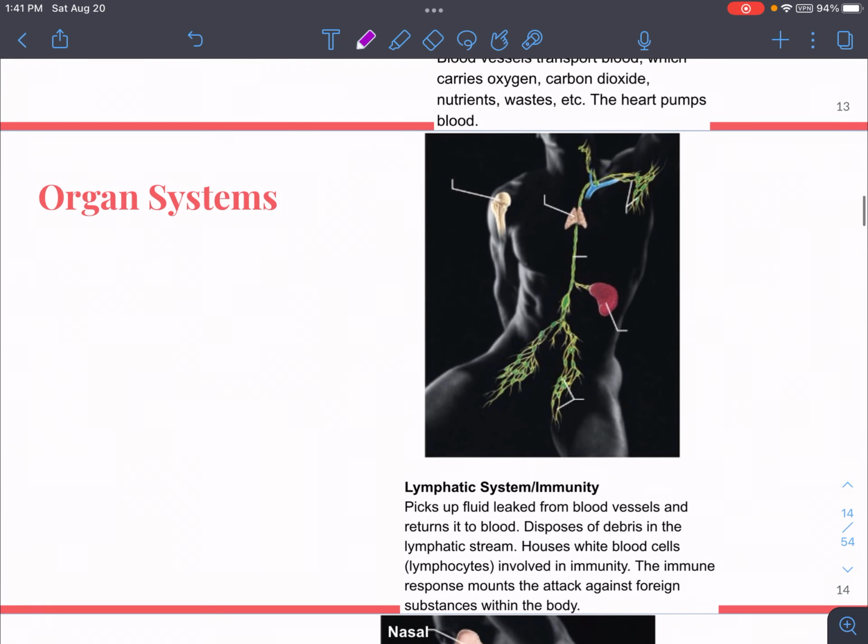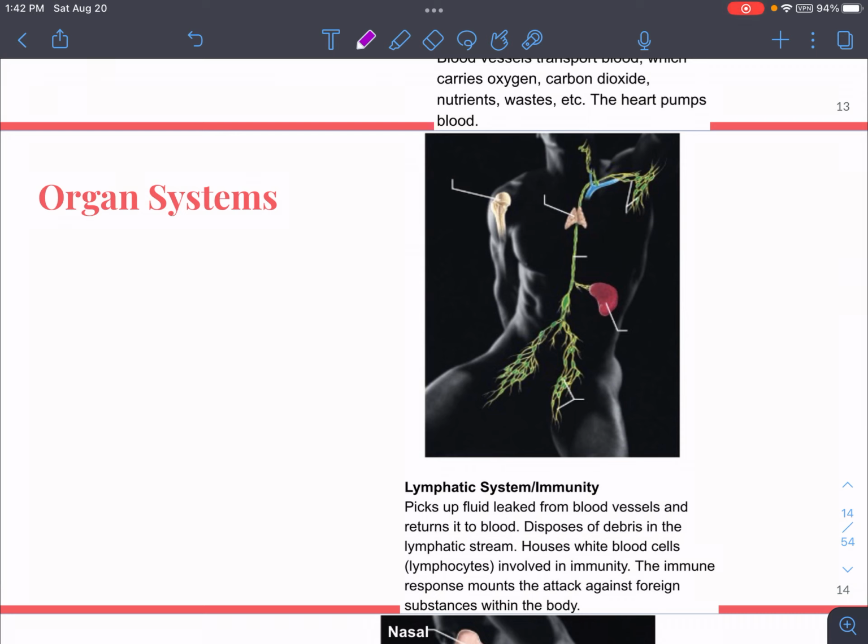Our lymphatic system and our immunity system. We have a lymphatic system that travels throughout the body. If you've ever heard of lymph nodes, those are part of that lymphatic system. There's lymph fluid that travels through the lymphatic system, and it houses a lot of your antibodies and white blood cells.